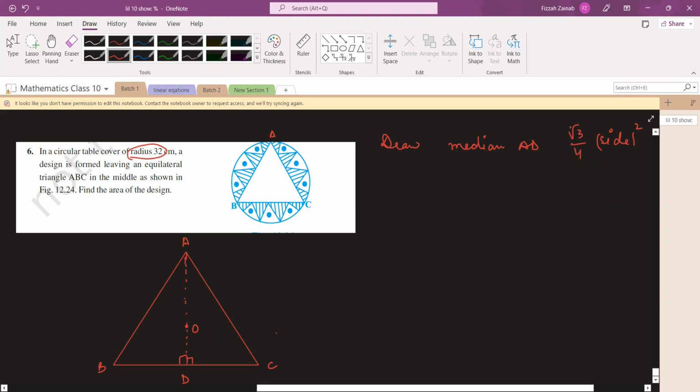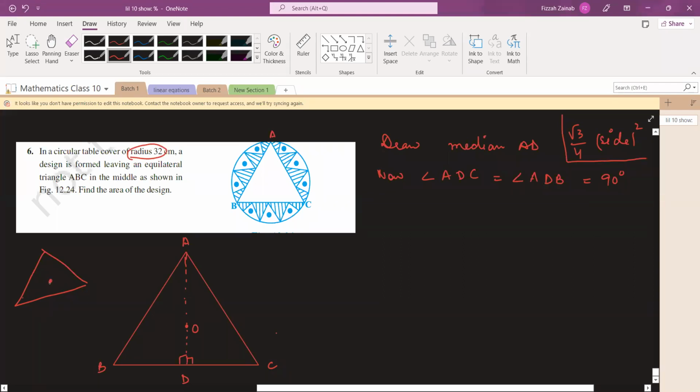Okay. So now angle ADC is equal to angle ADB is equal to 90 degree. That means we have got a right angled triangle now, right? Okay. Now we have to use one property. Basically in an equilateral triangle, what happens is, now please pay attention. If this is the center, right?